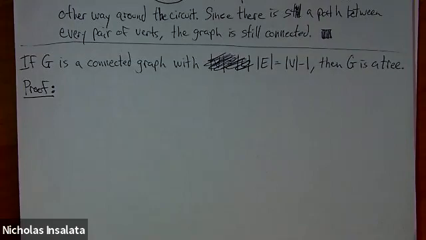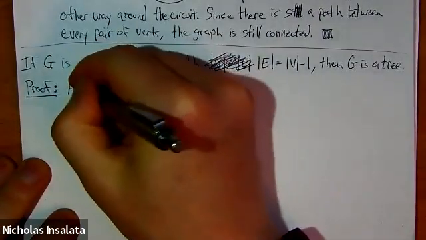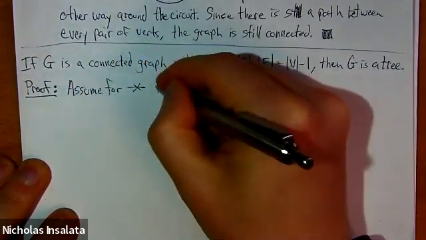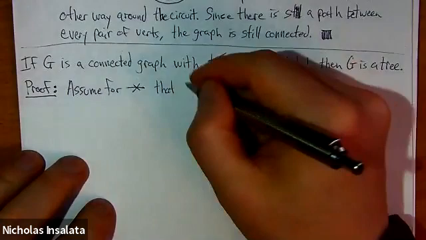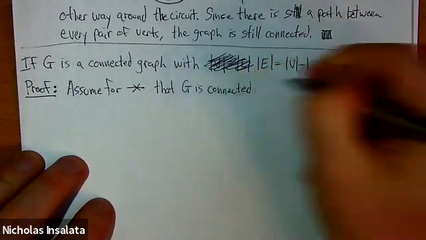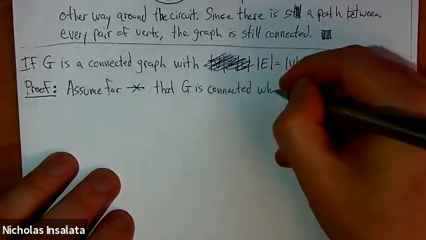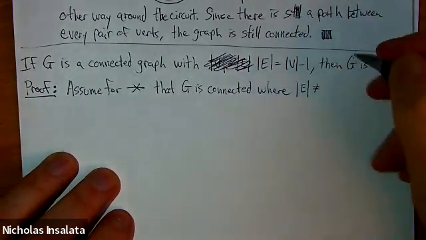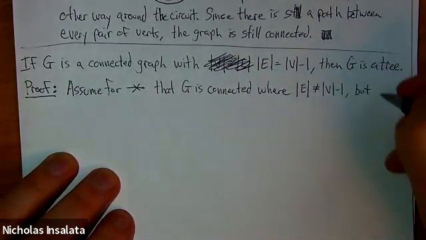Assume it has a circuit and show there aren't enough edges. Great. Okay, so let's assume for contradiction that G is connected where the size of the edge set is not equal to the size of the vertex set minus 1, but G is still a tree.